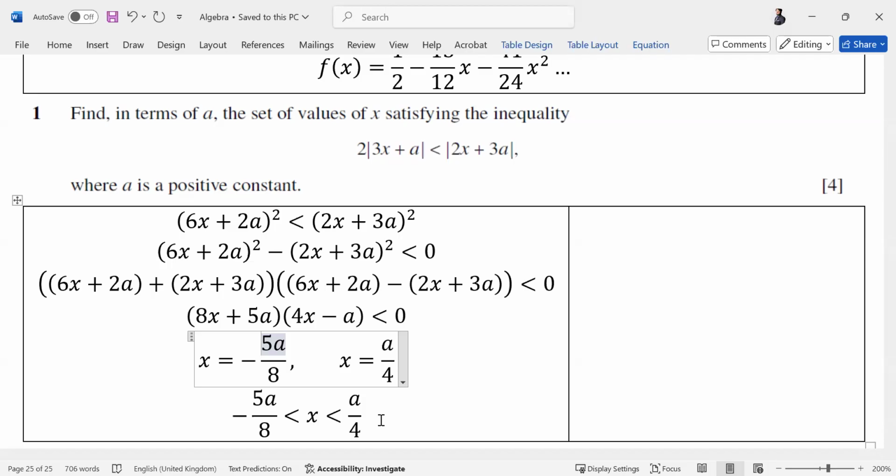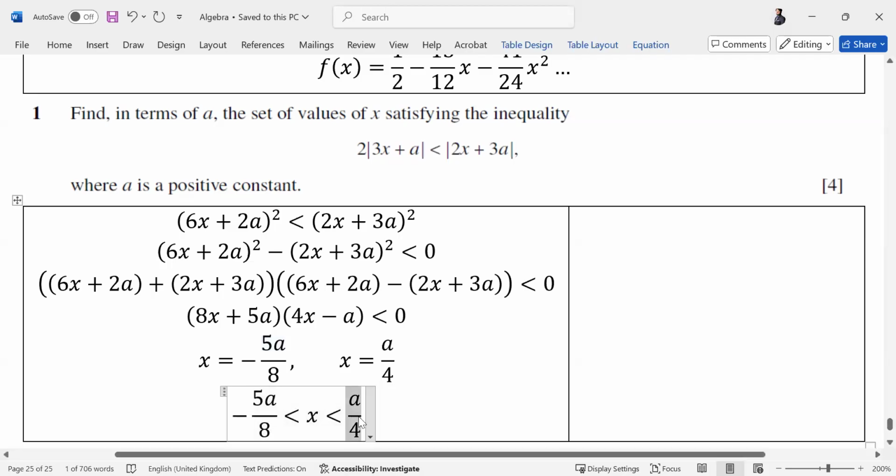So any value that is greater than a over 4, a can be any positive constant. a ले लो, you cannot take one, a ले सकते हो. This is quarter of a, तो इससे बड़ी a होगा या नहीं होगा? So should a satisfy the original inequality as per our solution right now? It should not, right?